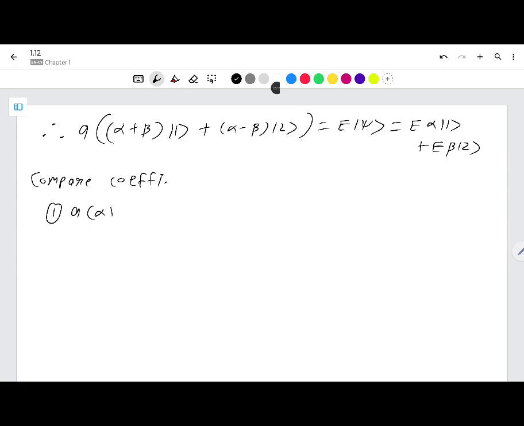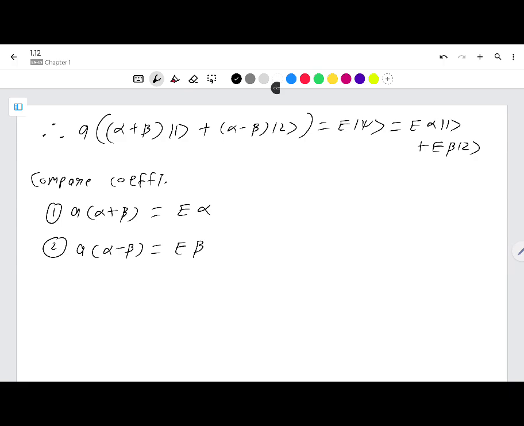A times (alpha plus beta) is equal to E alpha, and A times (alpha minus beta) is equal to E beta. So we have the energy eigenvalue E, and there is a relation between alpha and beta.